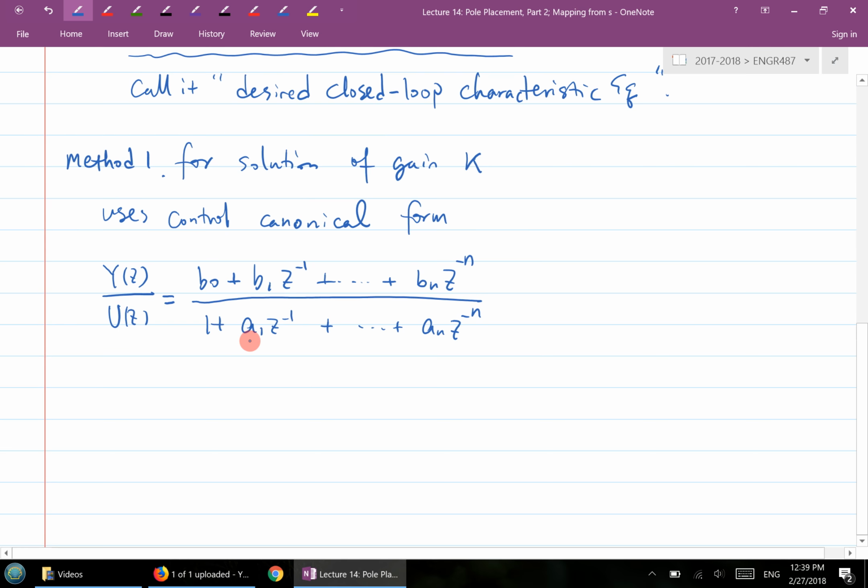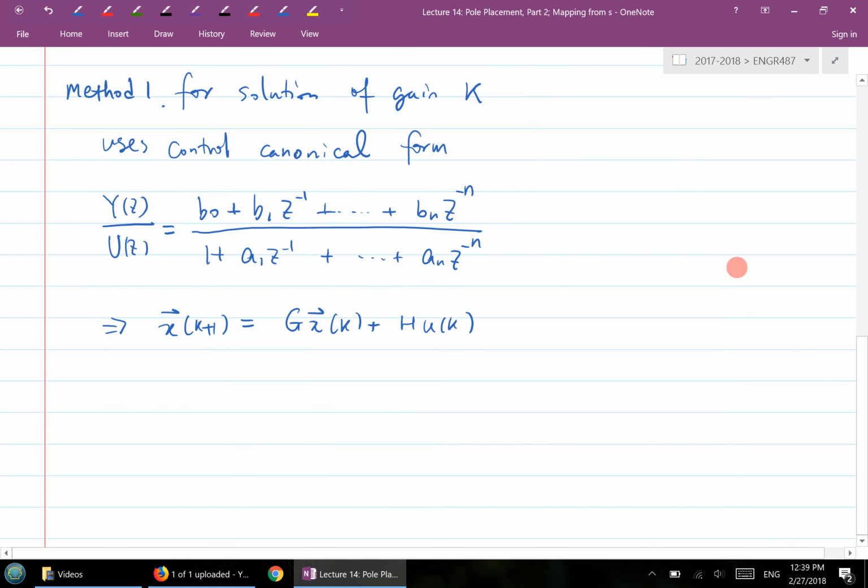From here we can definitely draw a certain type of simulation diagram to derive this discrete state space model, right? And one of the solutions is the control canonical.